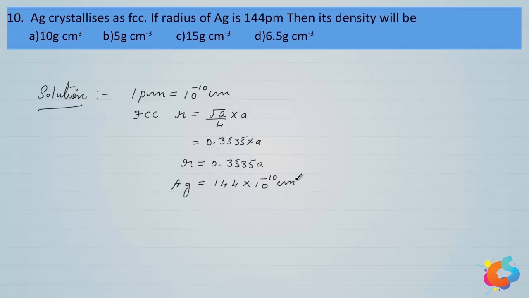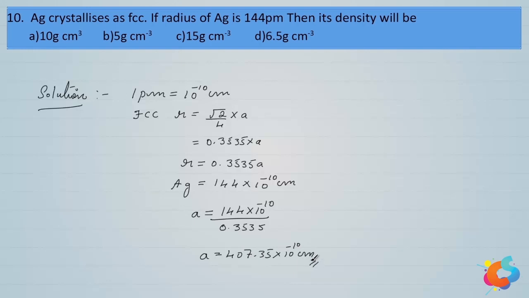Substituting in the above equation, we get the edge length as 144 into 10 to the power minus 10 divided by 0.3535. And the value of A is 407.35 into 10 to the power minus 10 centimeter.